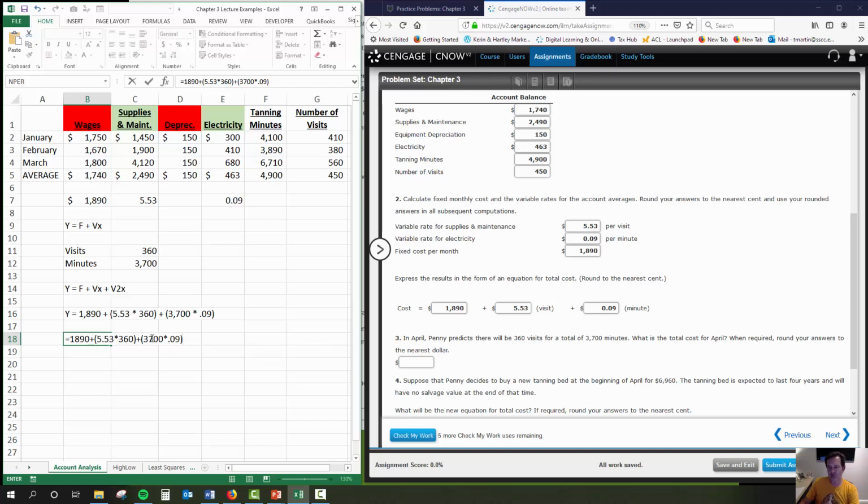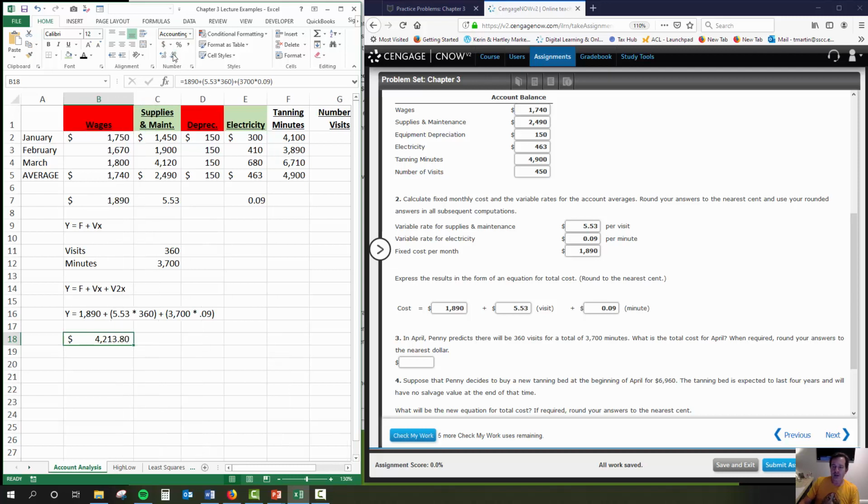I'm adding in that variable, which is the number of minutes at that variable rate right there. So I get 4,213.80, which if I round that up, I get $4,214. So we'll round that up to the nearest dollar because that's what the problem says, 4,214.